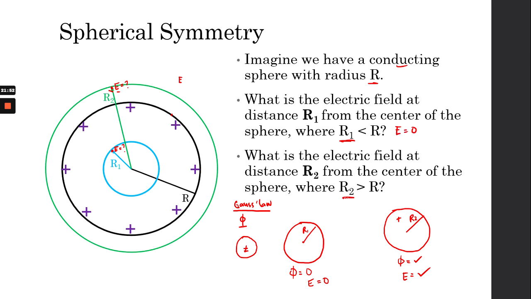But if you have a Gaussian surface with a radius that is greater than the radius of your sphere, it means this Gaussian sphere has a charge found inside. Therefore, there is an electric field that you can measure for this type of situation.